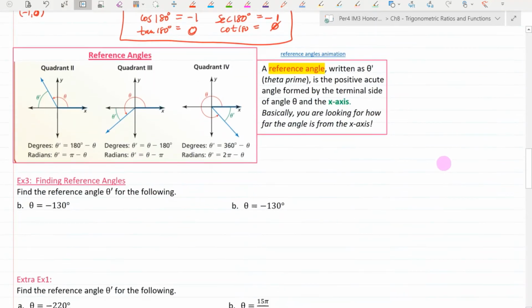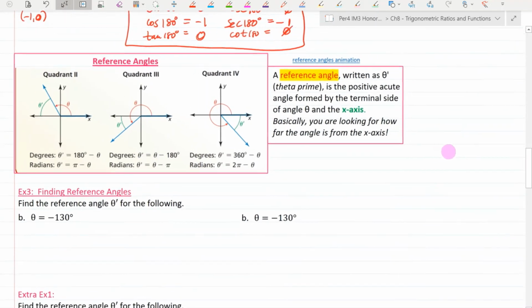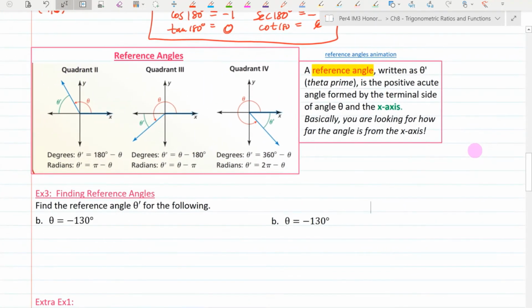Next, we're going to talk about reference angles. Reference angles are very important to what we do. So a reference angle is the angle that's formed by the terminal side and the x-axis.